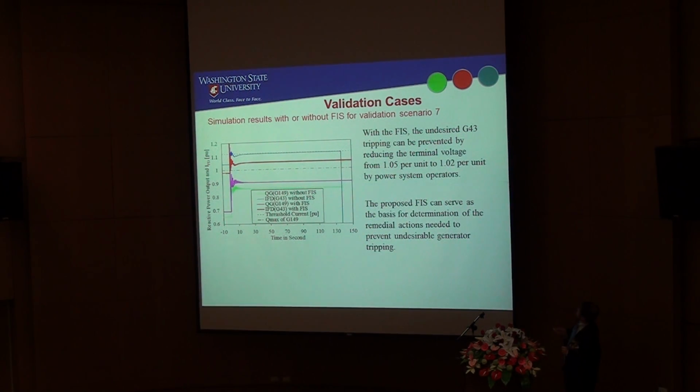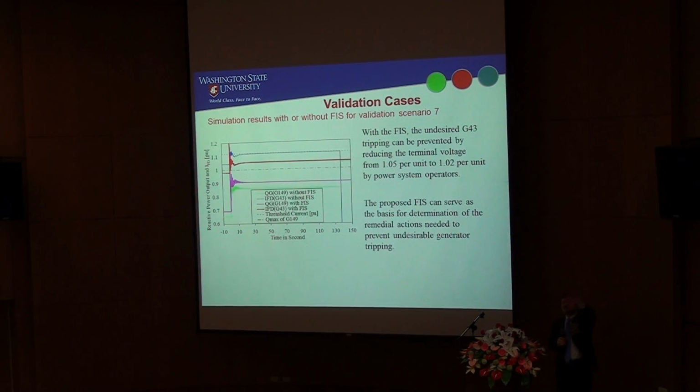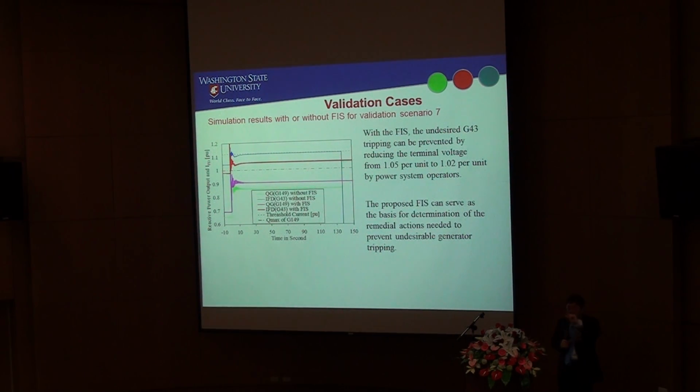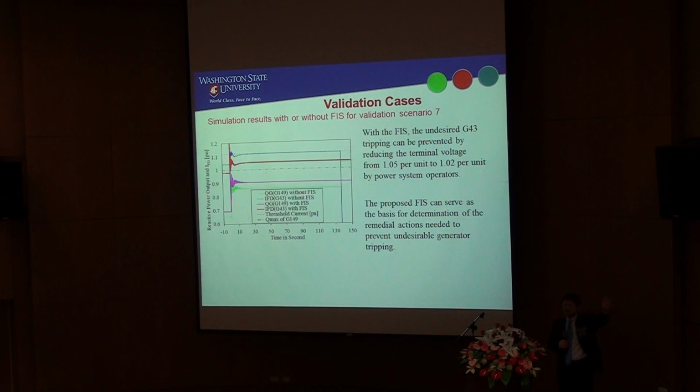But then probably the most interesting thing is this one. So this is the most important result of this part, I think. The G47 tripping can be prevented by reducing terminal voltage from 1.05 to 1.02 per unit. So what it says is this: we are doing contingency studies, right? And for one contingency, I figure out the field current, there's an overcurrent in the field circuits, so I might lose that generator, right?